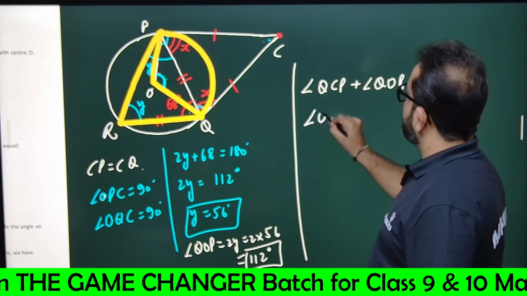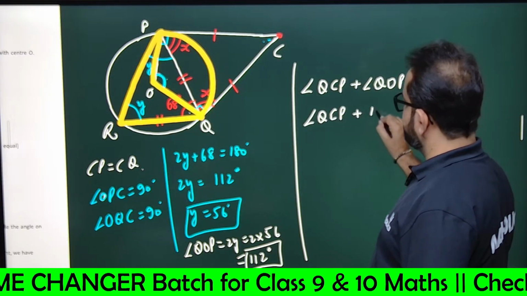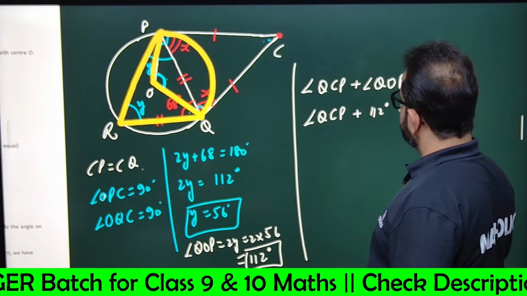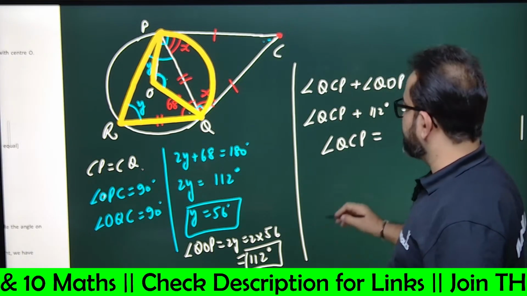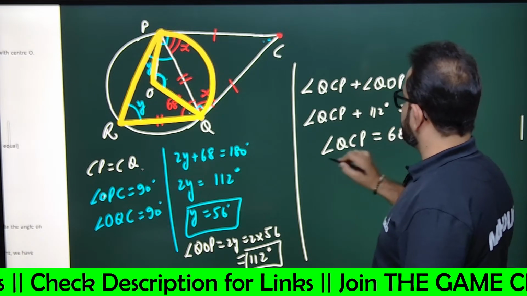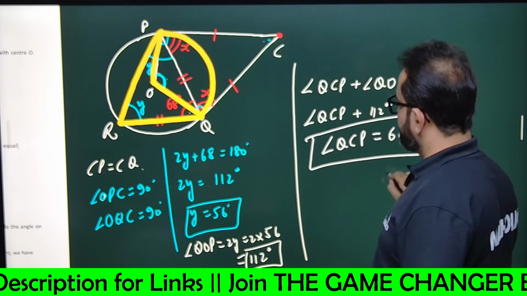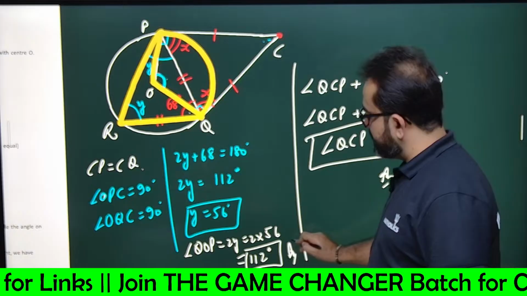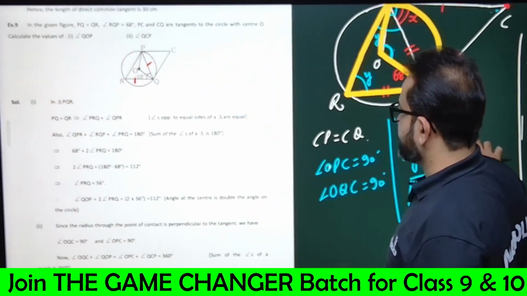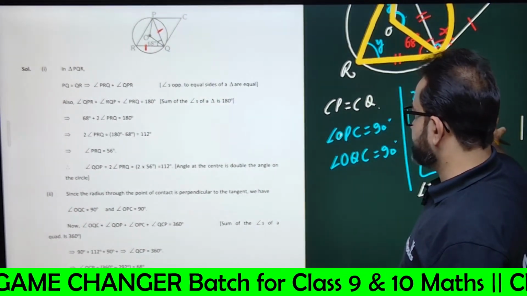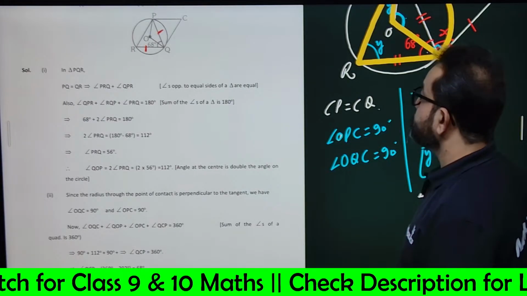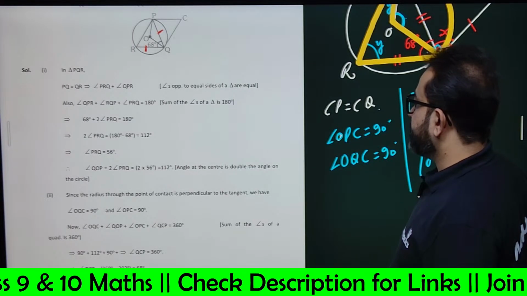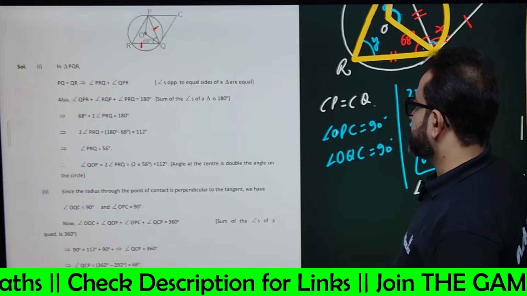So angle QCP plus 112 degrees equals 180 degrees, so angle QCP equals 180 minus 112, that means 68 degrees. That's it. This is the answer and this is the answer: angle QOP is 112 degrees, and that is 68 degrees.